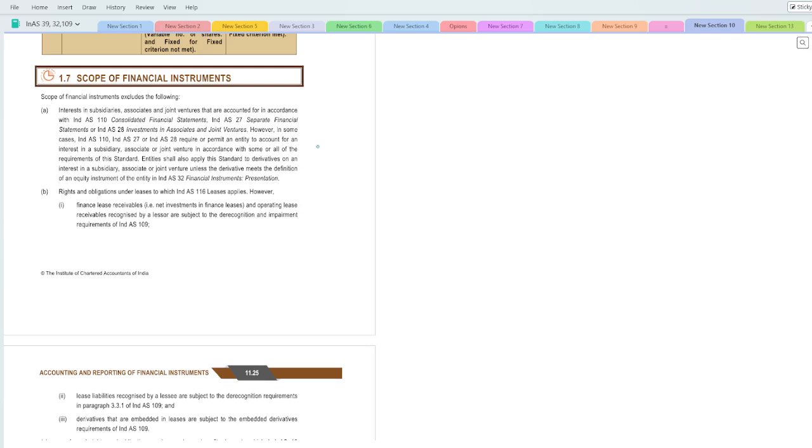If in the beginning itself it is not a financial instrument, then that instrument will not be coming in this one. So then why would the scoping out be there, correct? So that is step one. Here it should be a financial instrument. Then only this scoping out will be performed here.